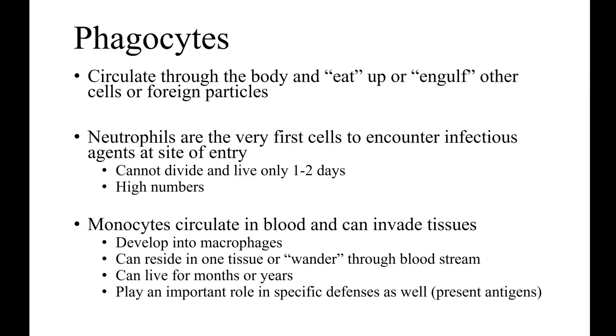Once they get into the tissues, they power up into big macrophages. These macrophages can gobble up the pathogens, display them on their cell surface, and help in long-term immunity because they can present to the cells of the specific immune system. We're going to be seeing them a little later on.